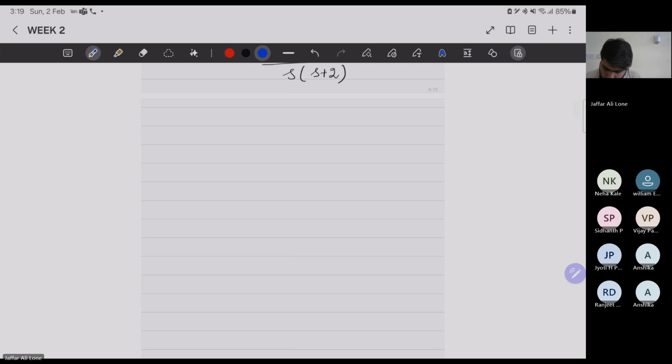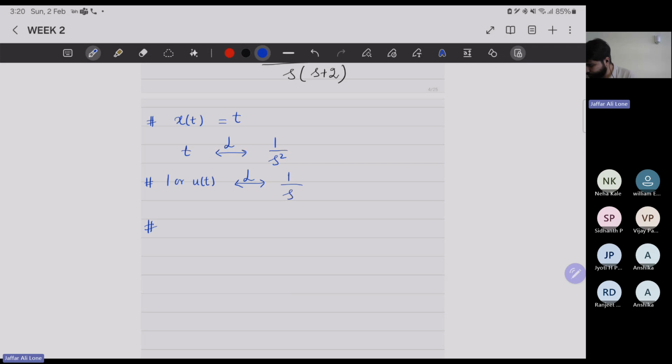So for example, if you have a function x of t is equal to t, then its Laplace transform is 1 by s square. And you all know the Laplace transform of unit step. If we have a one or unit step, its transform is 1 by s.